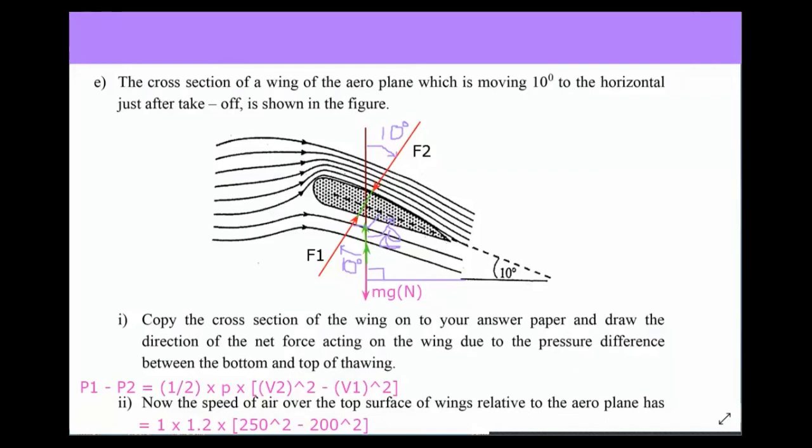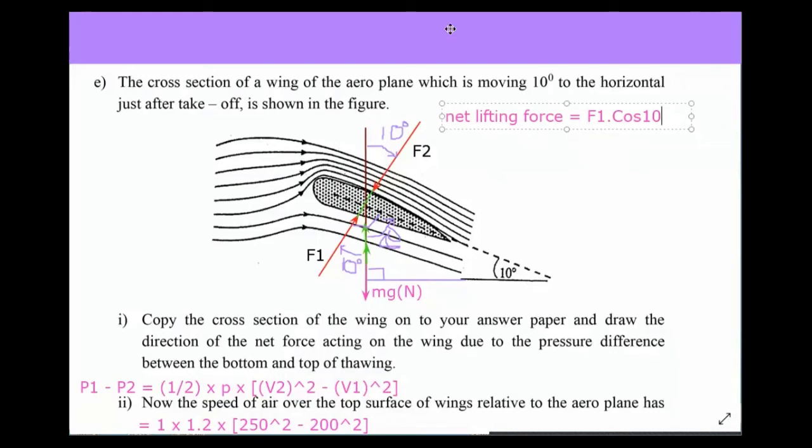So what is the net lifting force there? They ask us to find the net lifting force. The net lifting force will be F1 cos 10 upward, mg and F2 cos 10 acting downward.